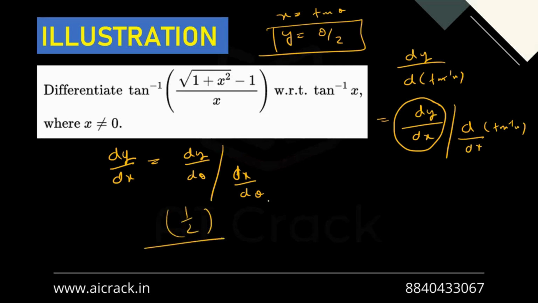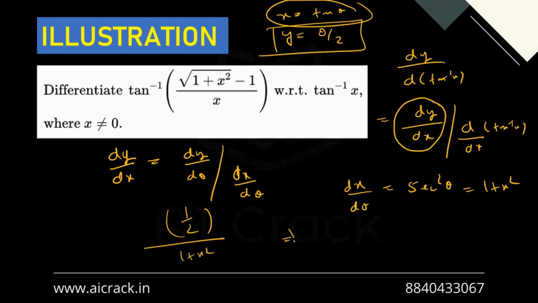Whole divided by dx by d theta. Dx by d theta comes from here. That comes out to be sec square theta, right? Now x equals tan theta. So sec square theta would be 1 plus tan square theta. That is 1 plus x square. So ultimately we have got dy by dx as 1 upon 2 times 1 plus x square, right?